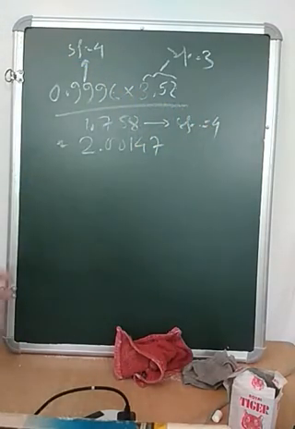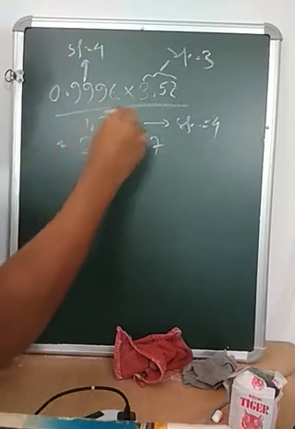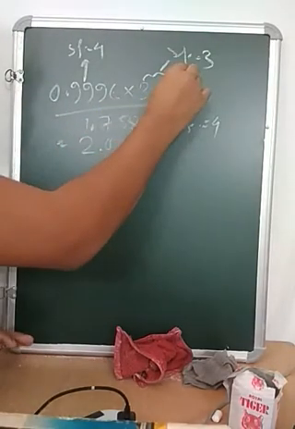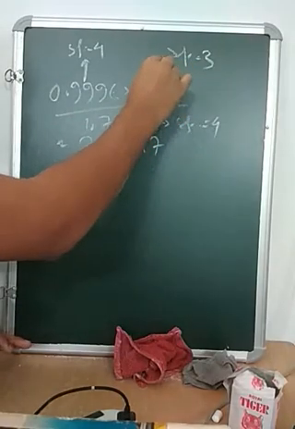See, there is a rule for multiplication when we are dealing with significant figures. The rule says that the result will contain as many significant figures as there are in the number with the least significant figures.